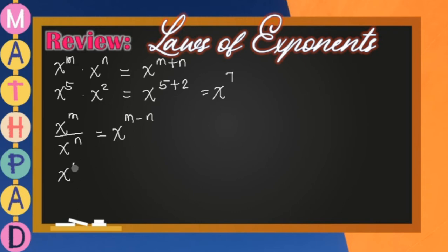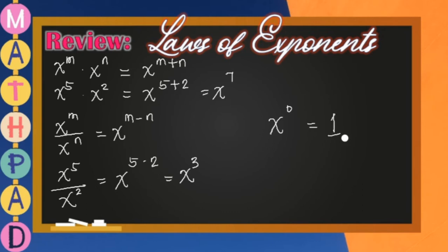Example, x raised to 5 divided by x raised to 2: we copy the base, x, and subtract the exponents, 5 minus 2, so that's x raised to 3. Another law: any number or variable raised to 0 is equal to 1. These are some laws of exponents that we're going to use in dividing polynomials using the long division method.